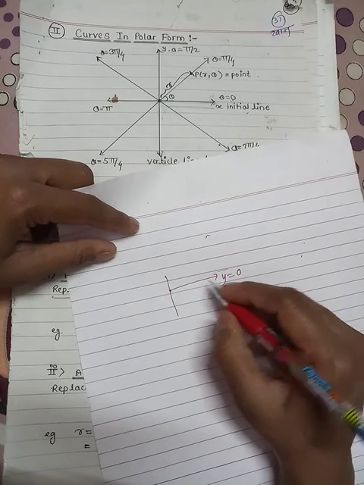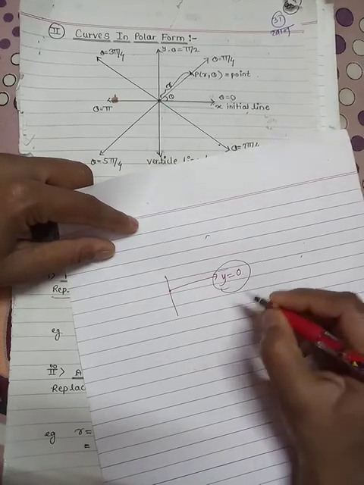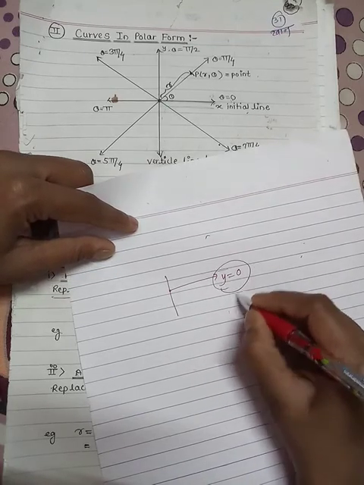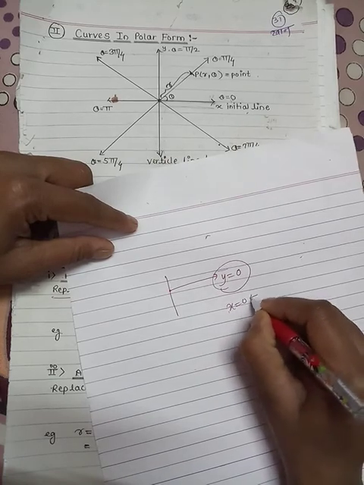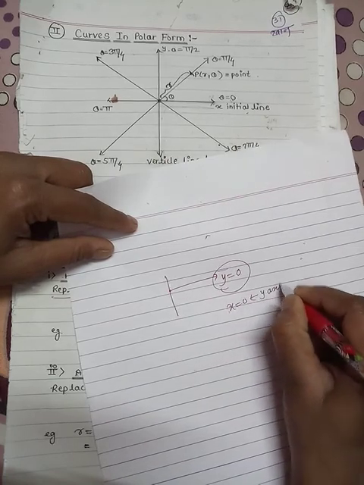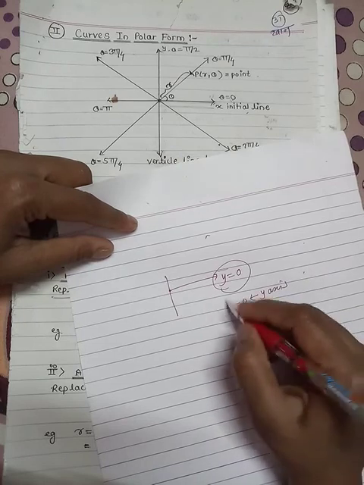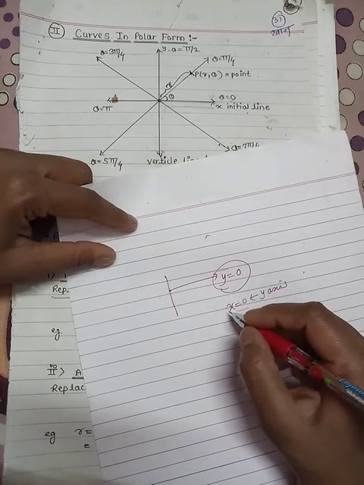The equations for straight lines are given in x, y variables. y equal to 0 is the x-axis equation, and x equal to 0 is the straight line that is the y-axis equation. So in x, y variables we have the equations.